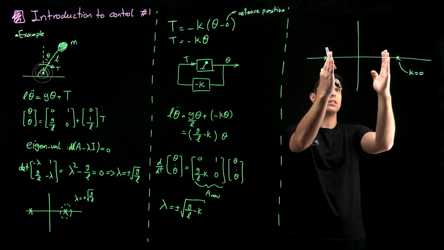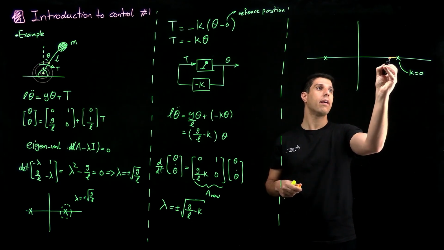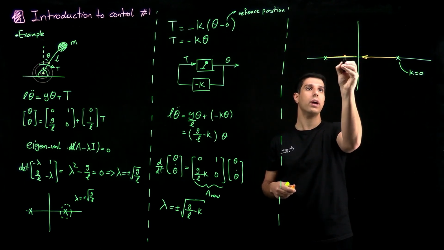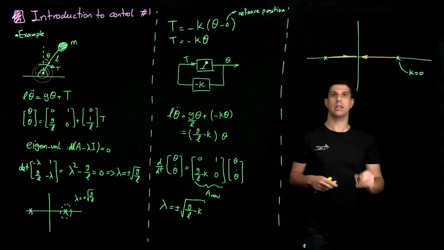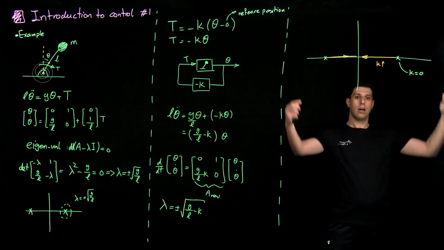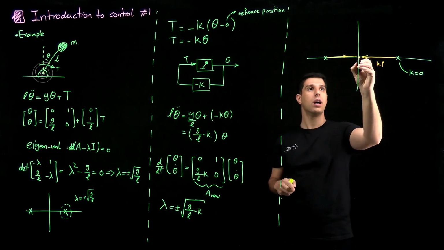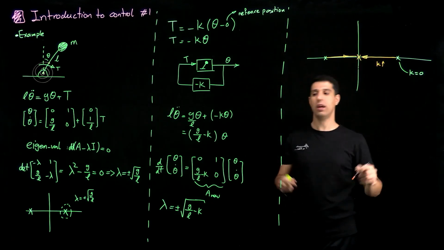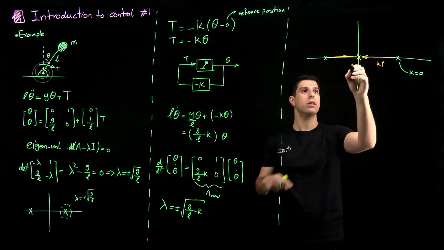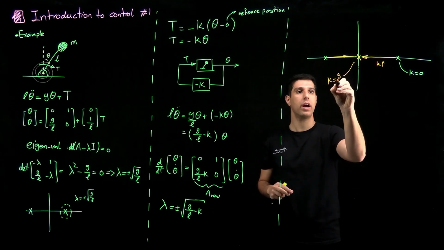So essentially as I increase my control gain, I start to move this way toward the center. So K increases. My two poles start to get closer and closer to each other until I reach the origin. Both poles collide. I have a repeated pole when K is G over L.